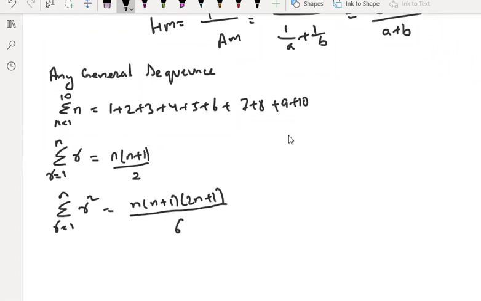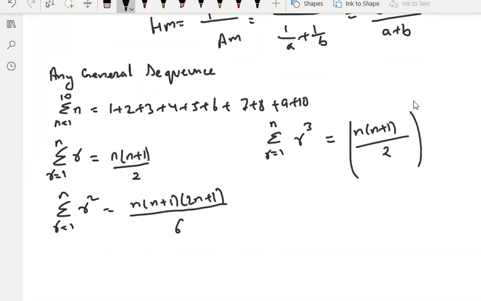And the third is r cube, summation of r is equal to 1 to n. It is basically n into n plus 1 by 2, which is the same as r whole square. So these three formulas we have to remember. Summation of r, which is the sum of all the natural numbers, is n into n plus 1 by 2.